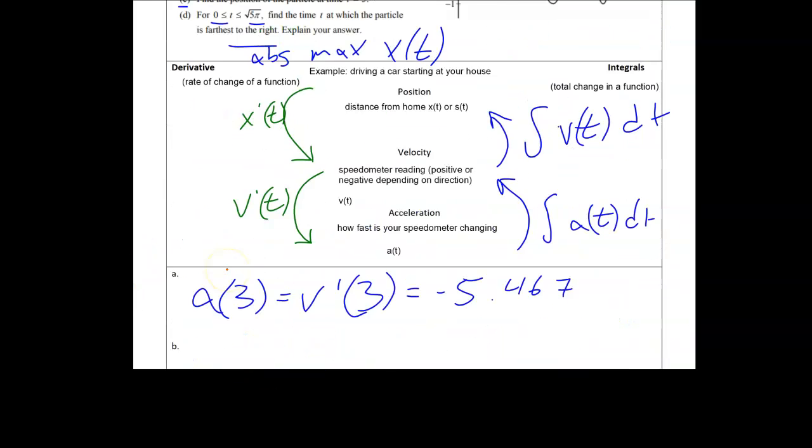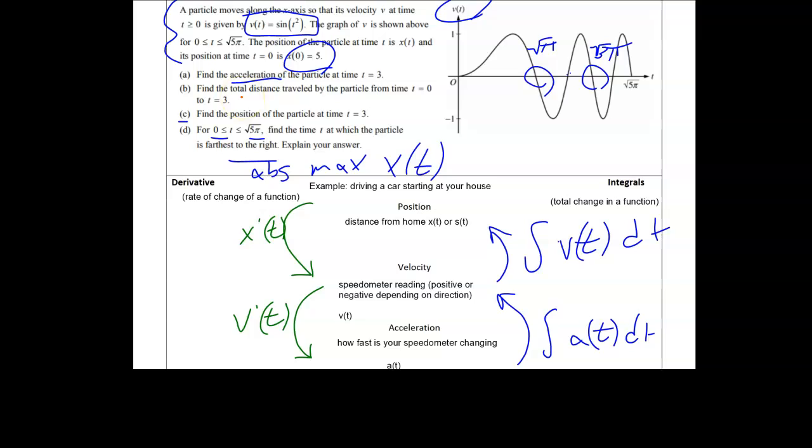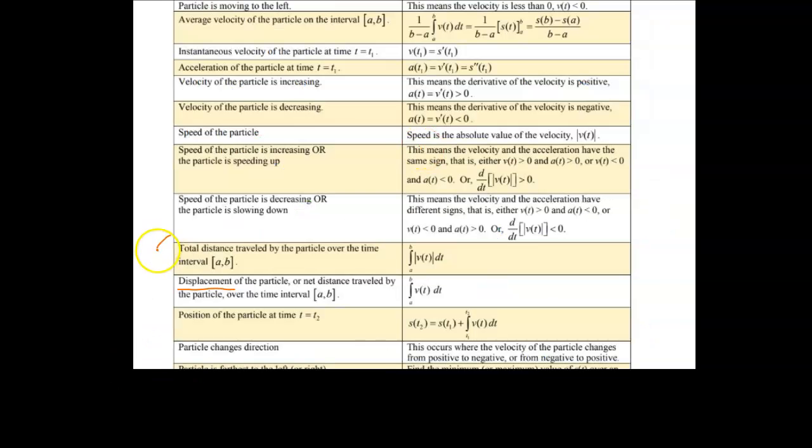And then part B is the newest thing. So the total distance traveled by the particle from 0 to 3. So that is related to these ideas here, right? So displacement, to use our car example, how far do I end up from home? Whereas distance is how many miles did you drive? So distance doesn't care if you're driving towards home or away from home.